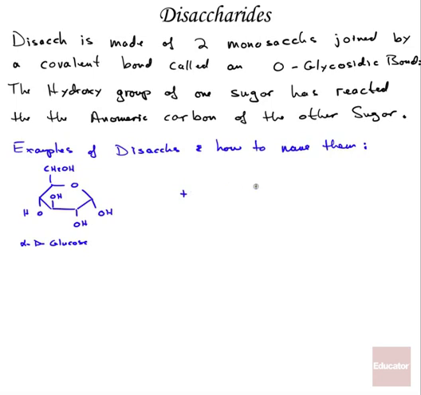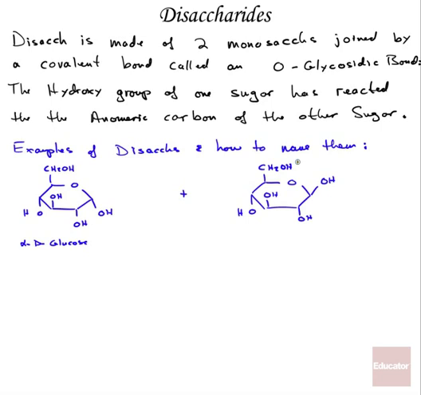So let me draw out the beta-D-glucose first. Here, beta is going to be up here, but everything else is the same because we are talking about glucose, with CH2OH.